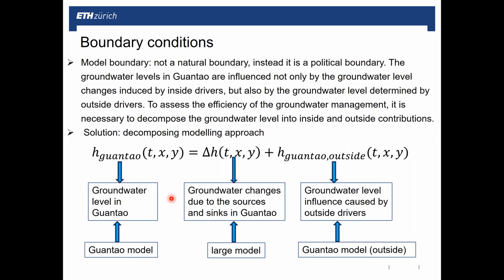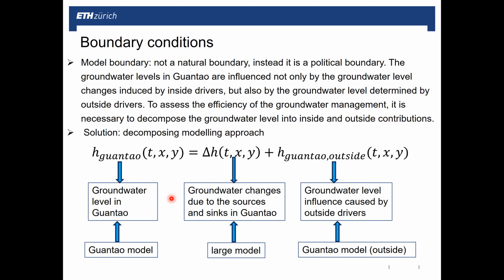As I mentioned, Guantao only occupies 4% of the whole North China Plain area. It is quite small, so it is infeasible and not necessary to build such a large model. And in the large model of the whole North China Plain, the Guantao area may only contain 4 or maybe several grids. So the accuracy can't satisfy the Guantao analysis.